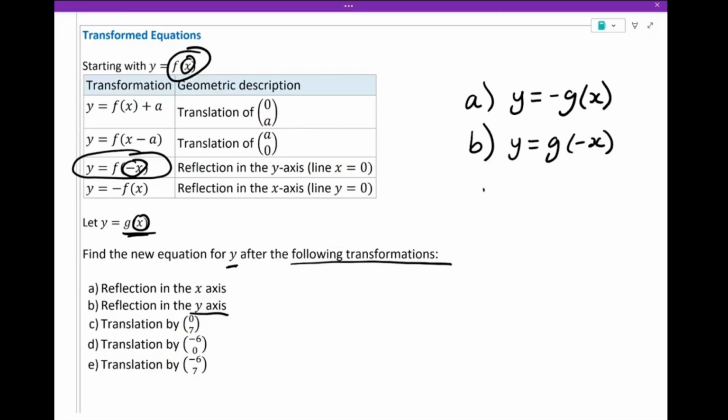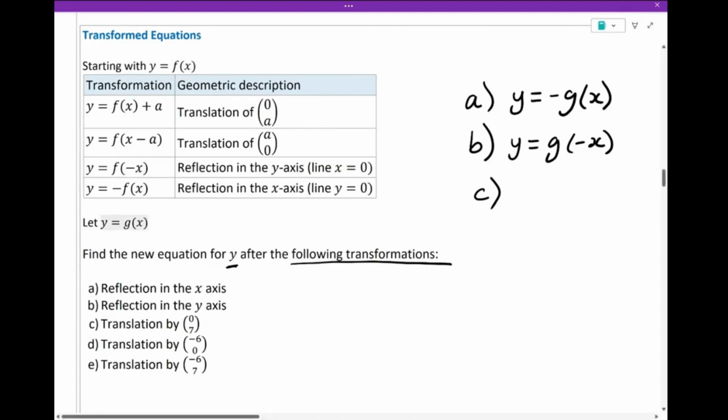So let's have a go at part C. For part C, we're now moving on to translations. We've got a translation by (0, 7). If we look at my table, my translations are my top two, so we're considering those. The horizontal component of this vector is 0. Which of my two translations has that scenario? Well, it's going to be the top one, y equals f of x plus a.